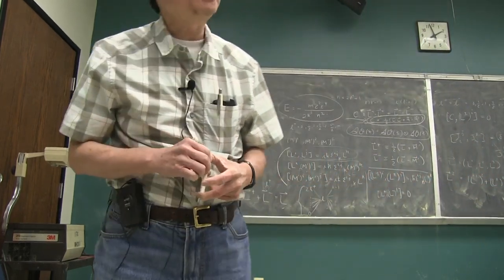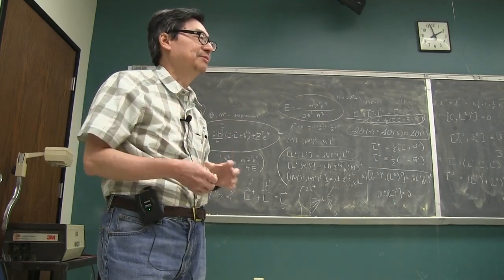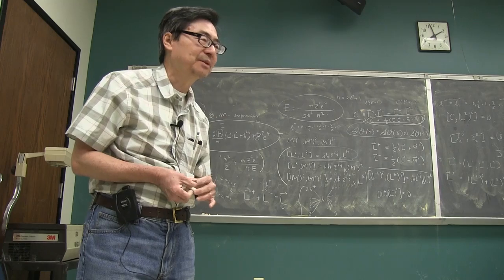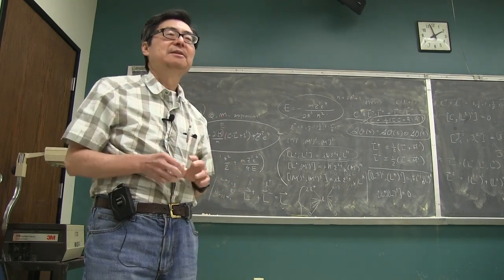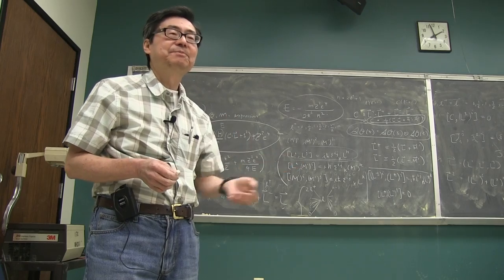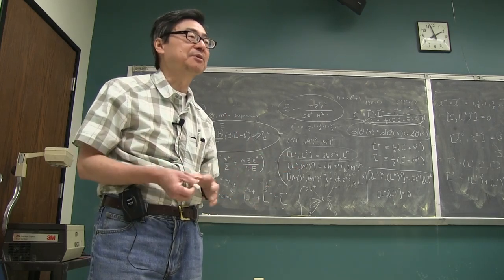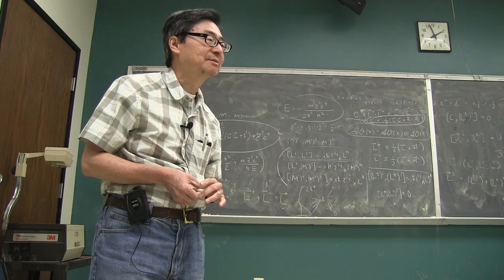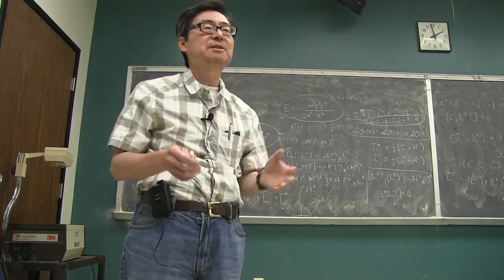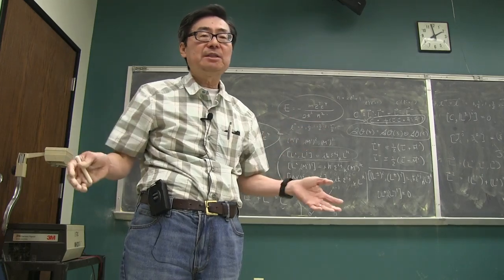To quantize them, you have to somehow develop a way so you can count the number of photons, at least in principle. Or you can create photons to describe emission, or you can destroy photons when you have an absorption situation. Wave functions, remember, are only good for systems involving a fixed number of particles.